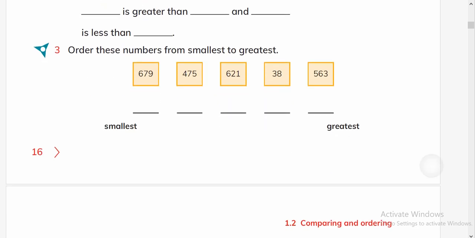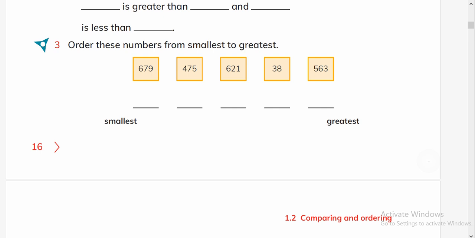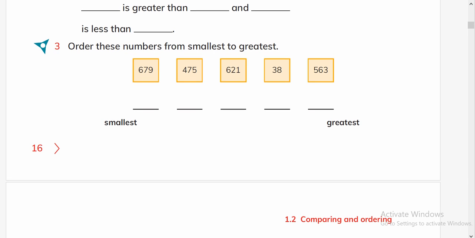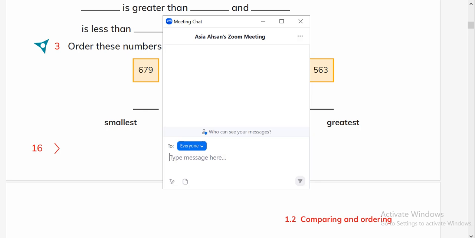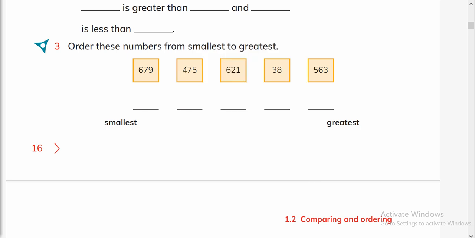Now question number 3. Order these numbers from smallest to greatest. Now the students are in grade 3. We will ask the students to start comparing the numbers with the hundreds side first. You need to see there is no hundred in it and there is 5.